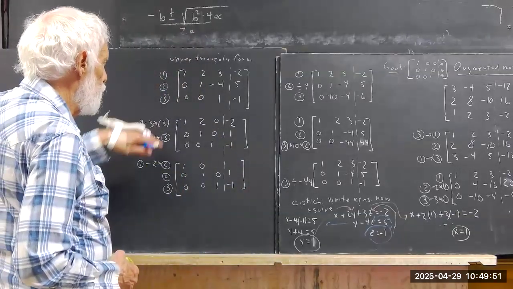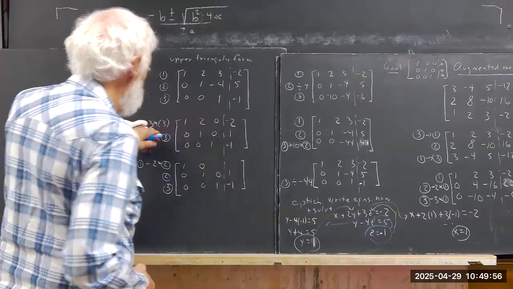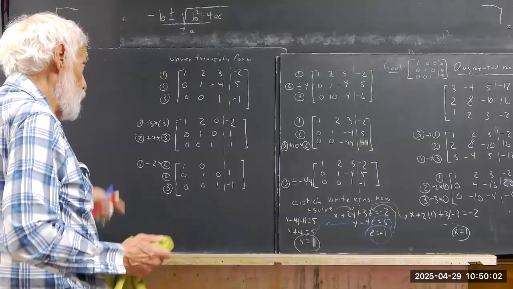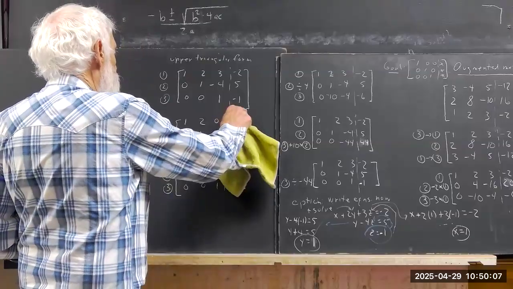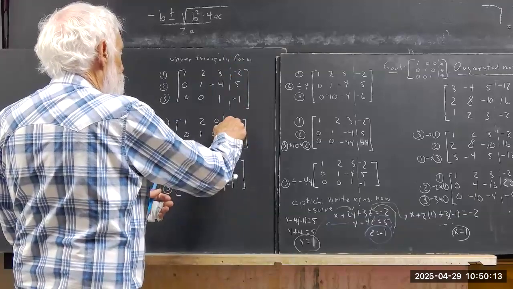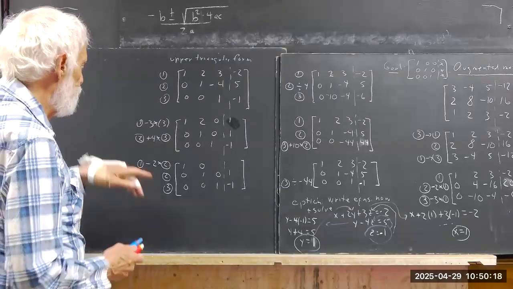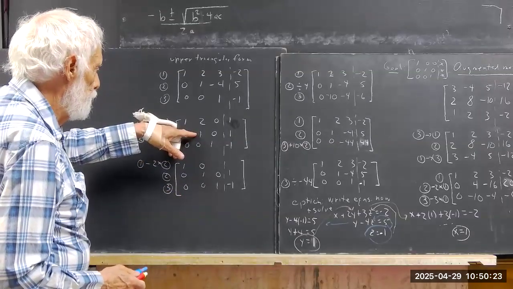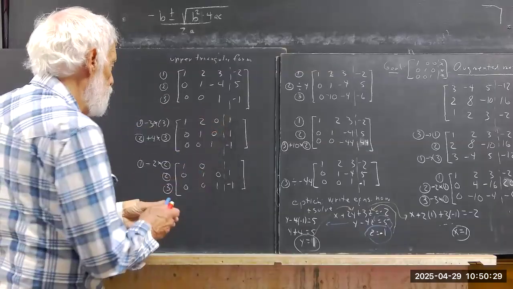I did row 1 minus 3 times row 3. -3 times row 3 gave me a -3 and a +3. Okay, -3 added to 3 gave me 0. And then I didn't bother adding the 3 to 2, because that would have given 1. Now when I do row 1 minus 2 times row 2, I get -2 here added to 2 gives me 0. And -2 added to 1 gives me -1.